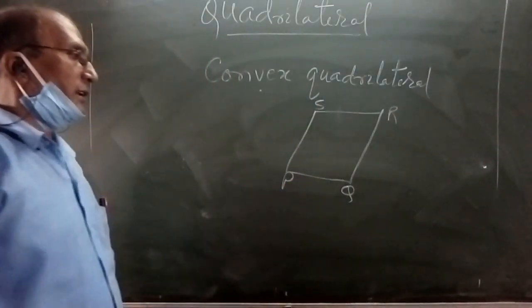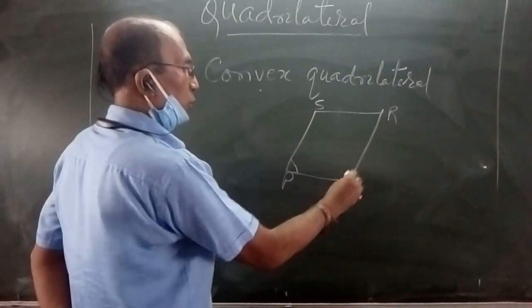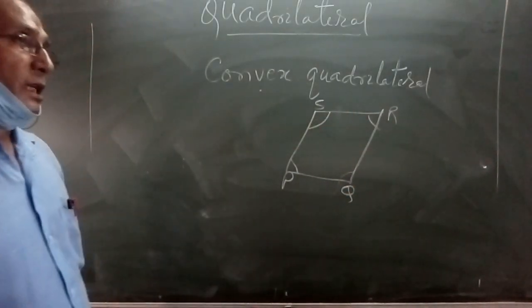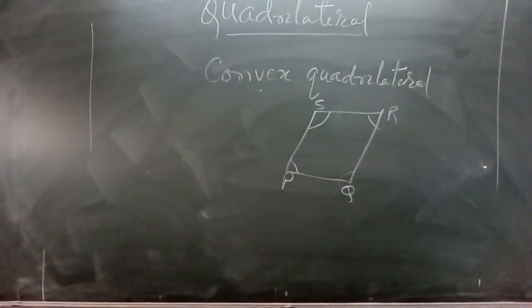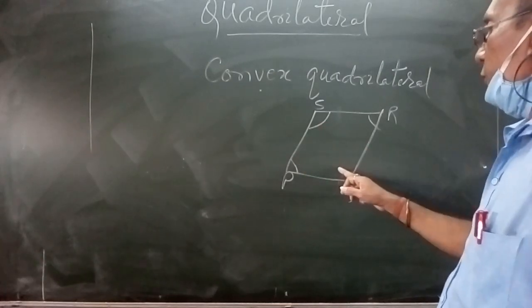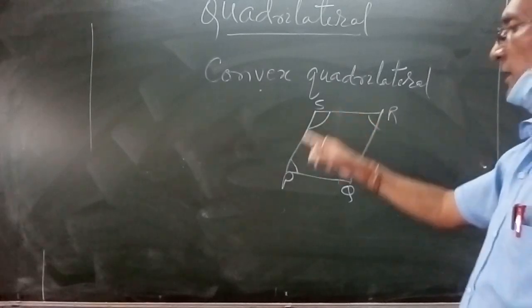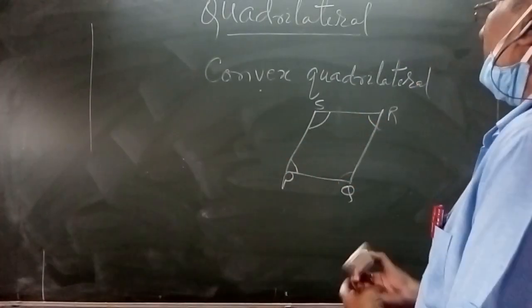PQRS is a quadrilateral. There are four angles: angle P, angle Q, angle R, and angle S. If each angle is less than 180 degree, the quadrilateral is called convex quadrilateral.